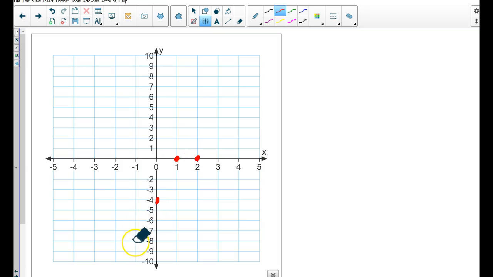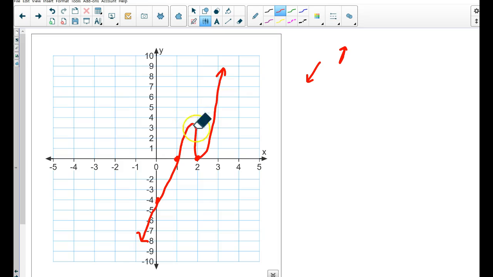My function's end behavior falls to the left and rises to the right. So basically the function is going to pass through at 1 and then bounce at 2. And here's the sketch of my function.